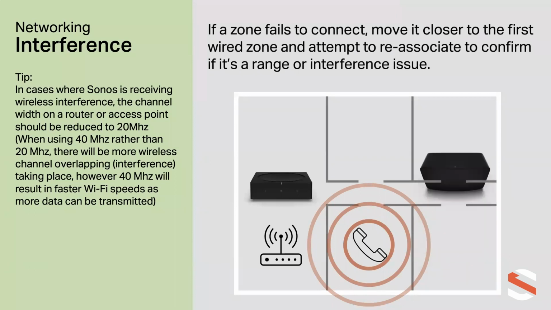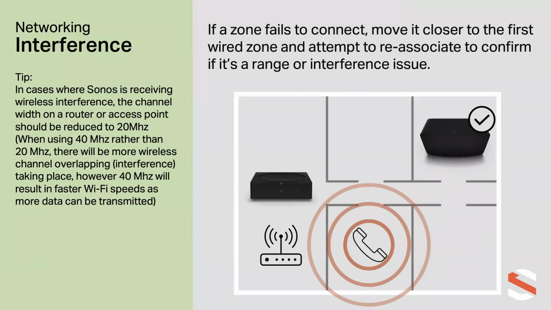You can even place it in another room altogether and see if it connects in that other space. Move it closer to the router. If it connects, then you're probably having some sort of interference issue, or the network is not reaching that spot where you're trying to set up a player. Once you've determined that, then you can determine the solution and put the player where the customer, of course, initially wanted it.